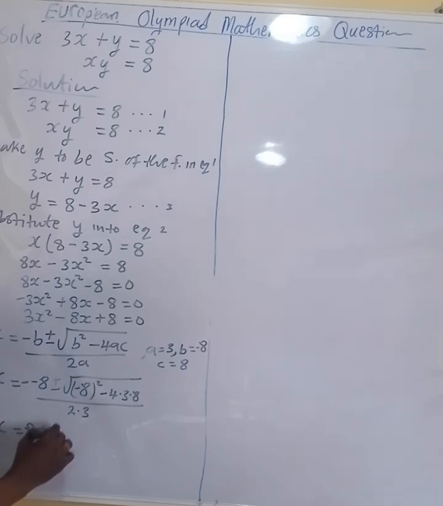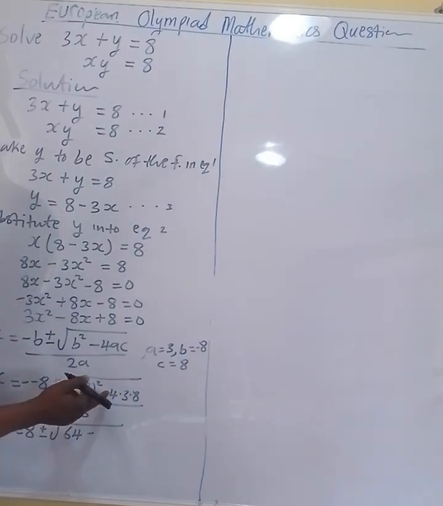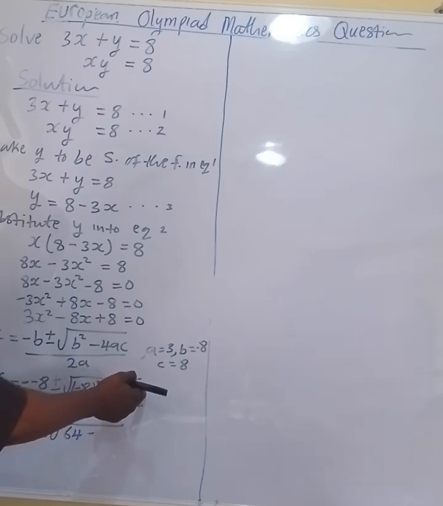Plus or minus the square root of minus 8 squared, which means minus 8 times minus 8. It will give us 64. Then minus 4 times 3 times 8. You can do it like this: 3 times 8 gives you 24.